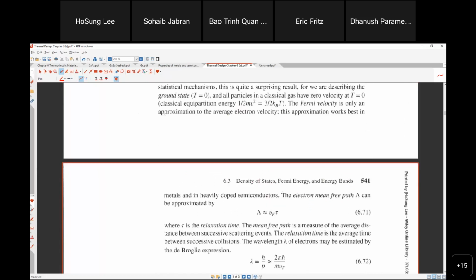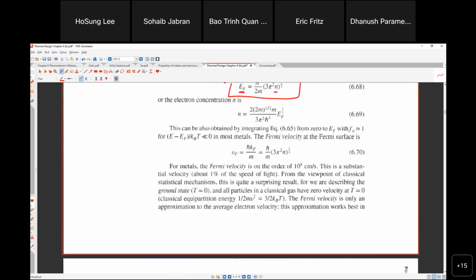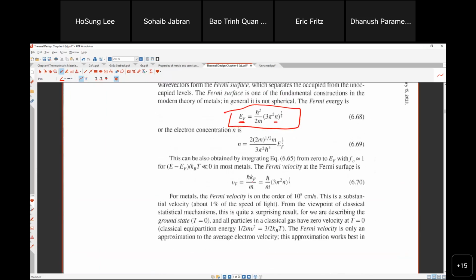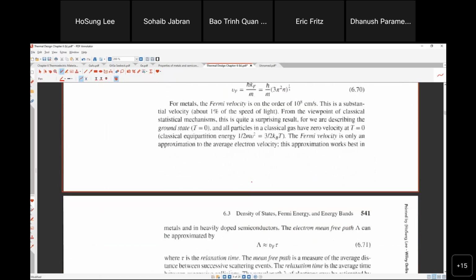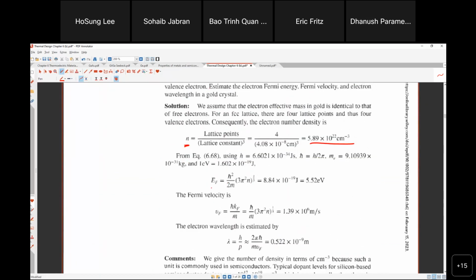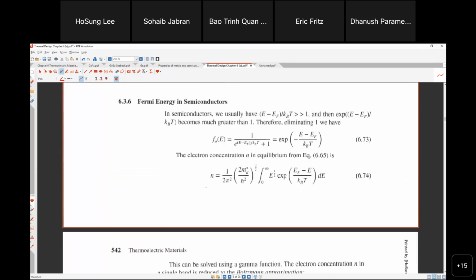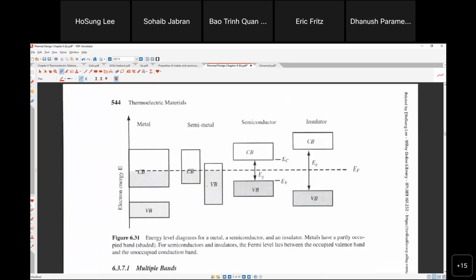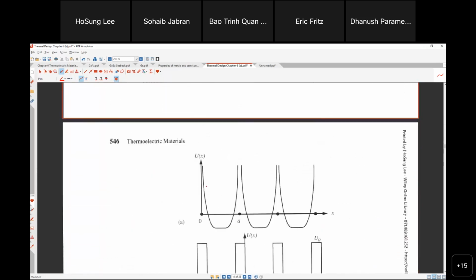Okay, so we did it. And for the Fermi energy, N is plugged in here. We got 5.52 electron volt Fermi energy. Okay, so we have it, 5.52.